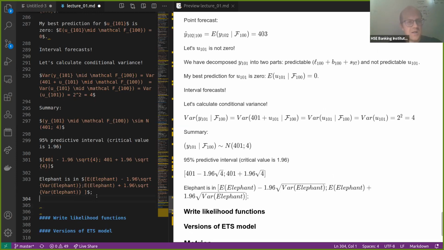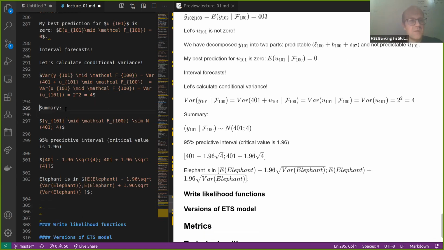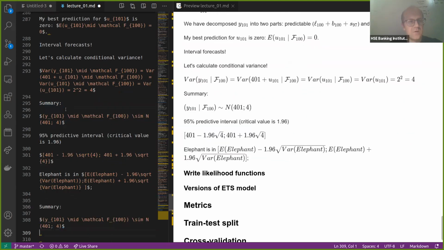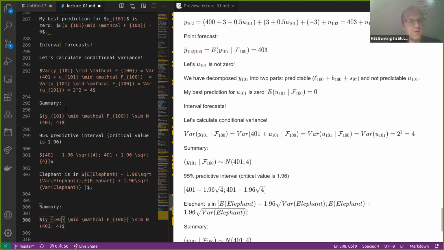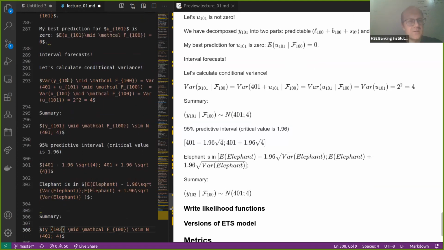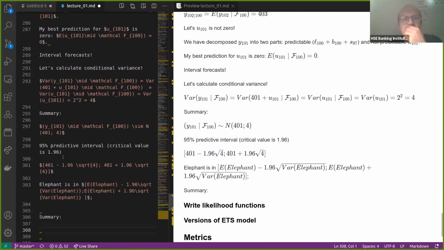Okay. So let's move on to the 2 steps ahead forecasts. What is our summary? Let's write the summary for 2 steps ahead forecasts. What is our summary? Y hat is, what is the best prediction? So not yet, we are not ready. So what is my formula?